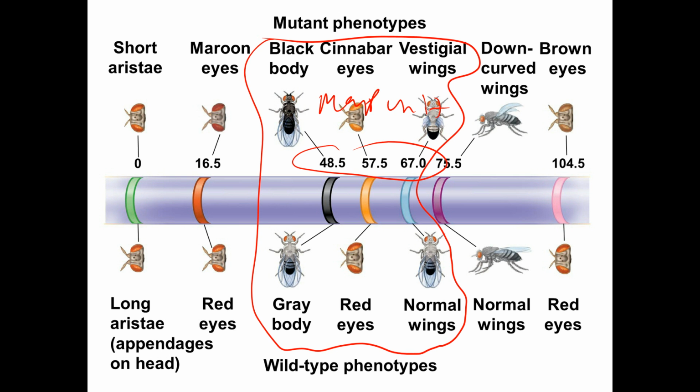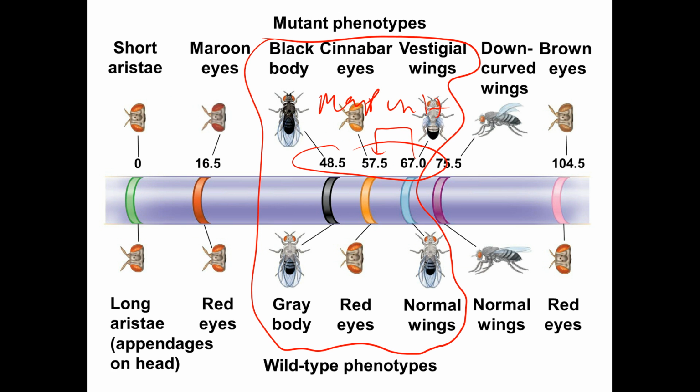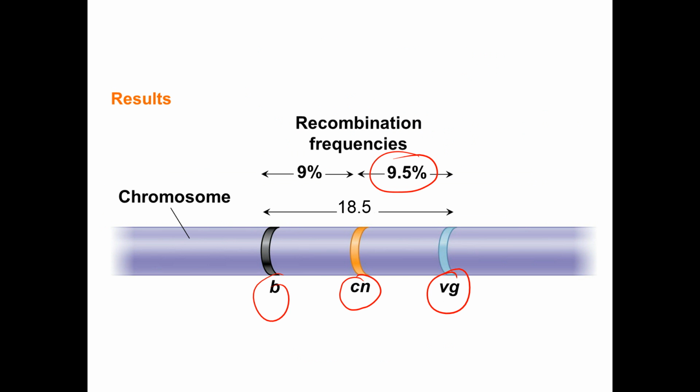Alright, so if you subtract 67 for vestigial wings from the cinnabar eyes, you get 9.5, a map unit distance of 9.5. If you subtract 57.5 from 48.5, between cinnabar eyes and black body, or body color, you get 9, so 9 map units. 9.5 map units, 9 map units.